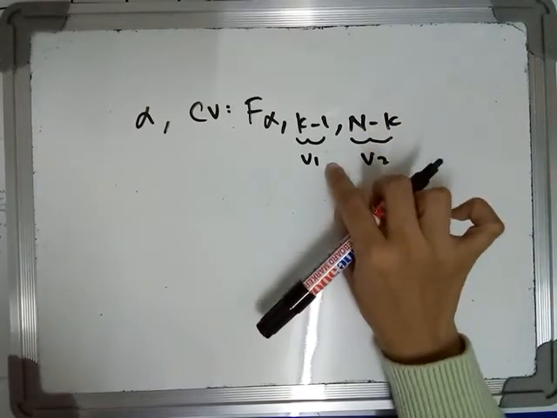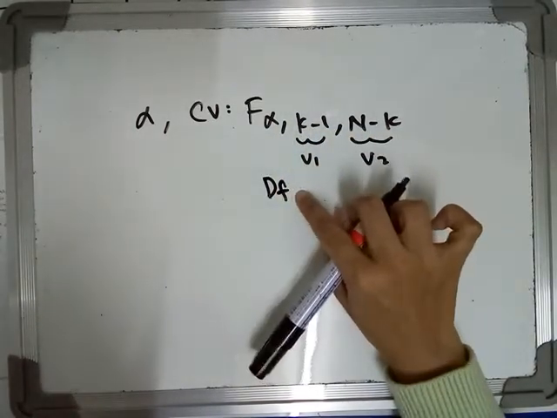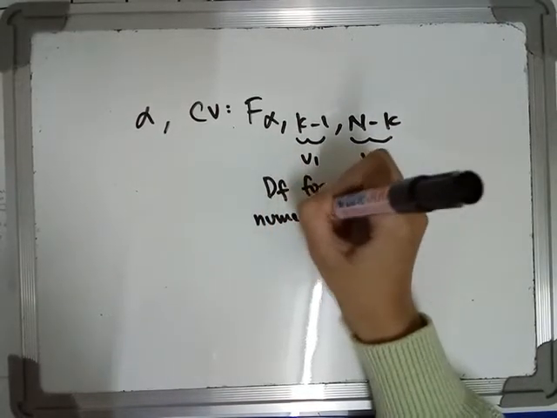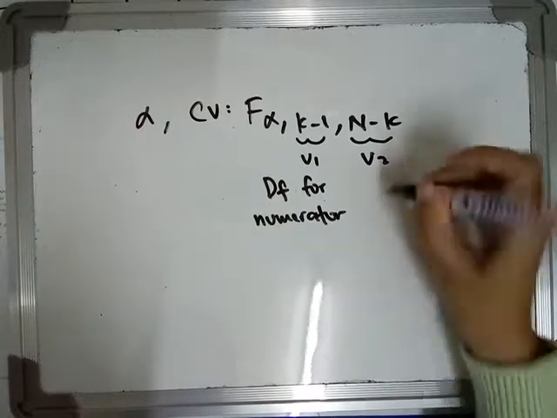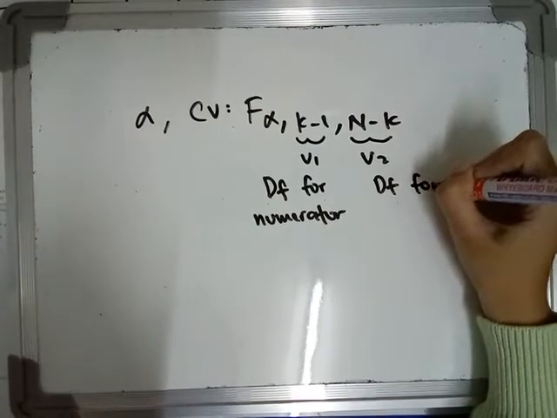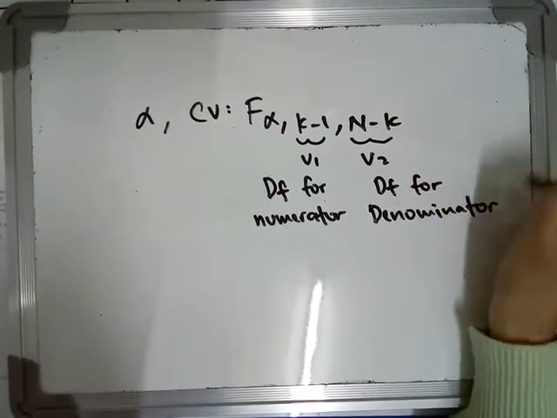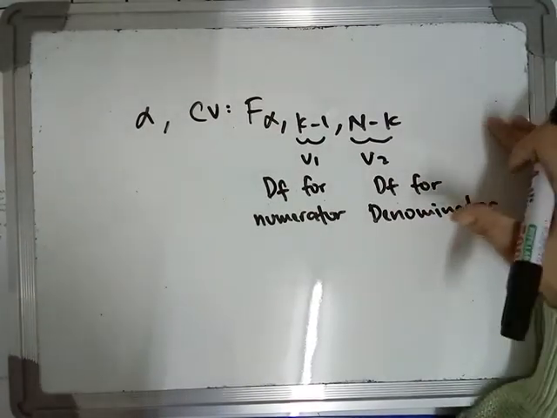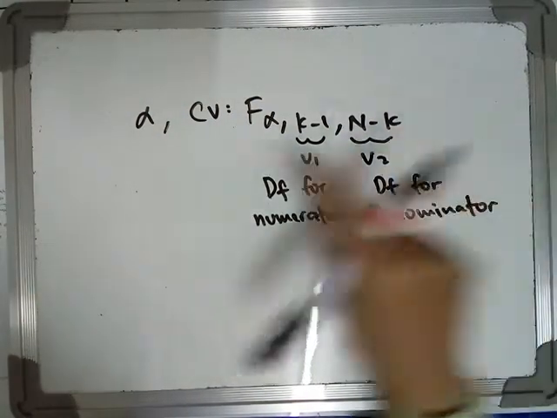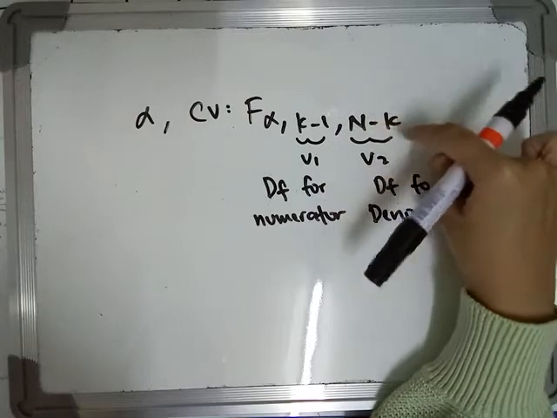V1 is the degree of freedom, DF, for the numerator. V2 is the degree of freedom for the denominator. Later I will explain from the example. So this is the second step: you need to state the alpha and the critical value, F alpha, k minus 1 and n minus k.